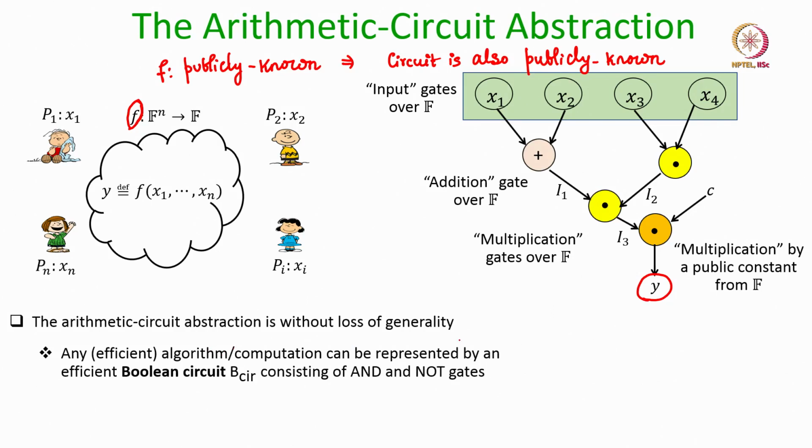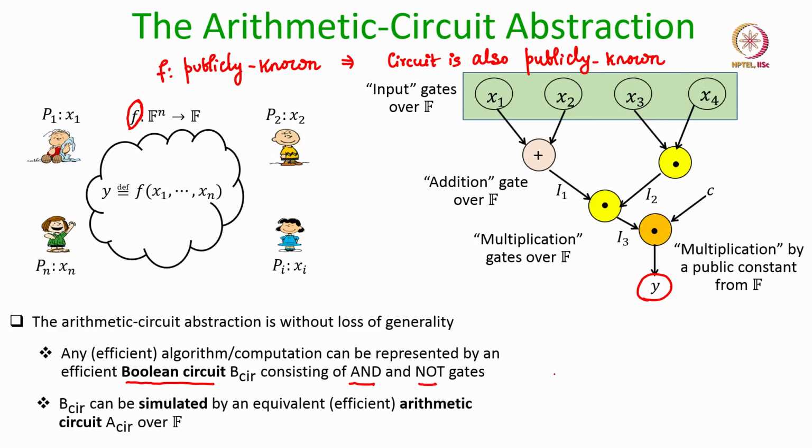So, any algorithm or computation can be represented by a Boolean circuit, okay, consisting of some universal gates, say the NAND gates, and the NAND gate can be composed of AND and negation gates or NOT gates. Okay. So, that Boolean circuit can be easily simulated by an equivalent arithmetic circuit over the field.